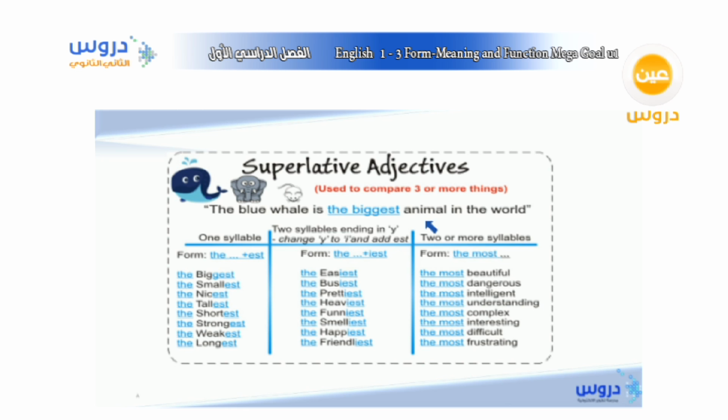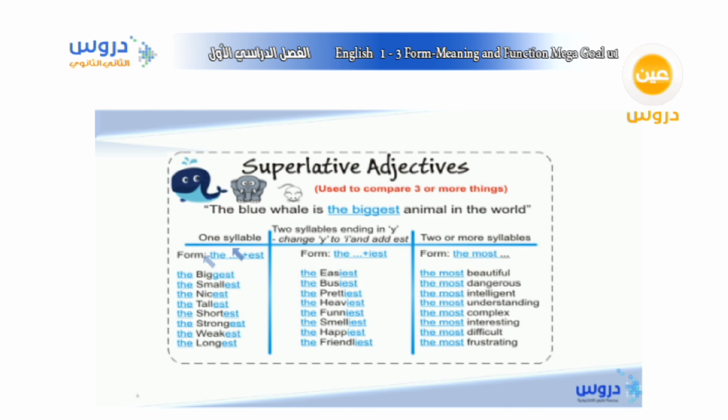Animals, we have many species of animals, maybe millions of species, and the blue whale is the biggest. Blue whale, bigger than the elephant. The elephant is bigger than the mouse. The mouse is the smallest.